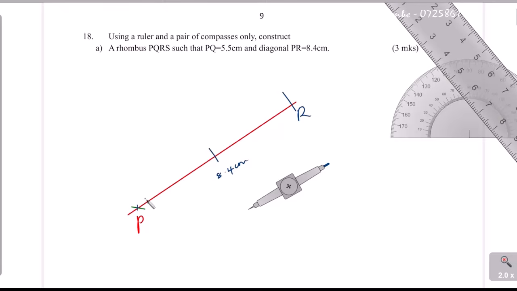So I will construct a perpendicular line passing through this point here. That is where the other diagonal will be. So how do you do that? Constructing a perpendicular passing through that point. I'll simply start at that point, and then using any suitable radius, I will mark an arc here.